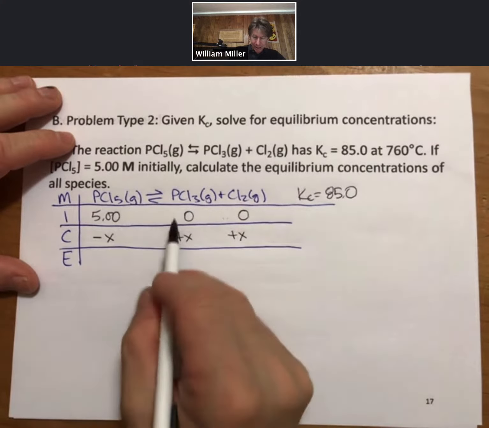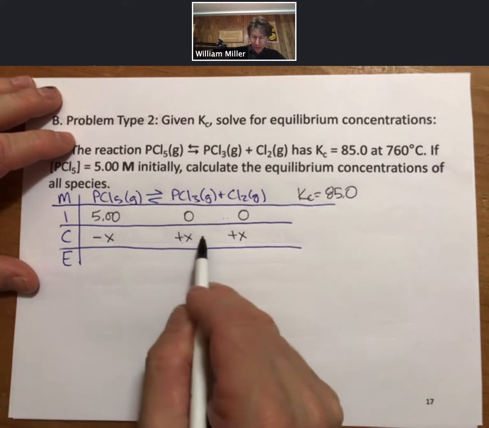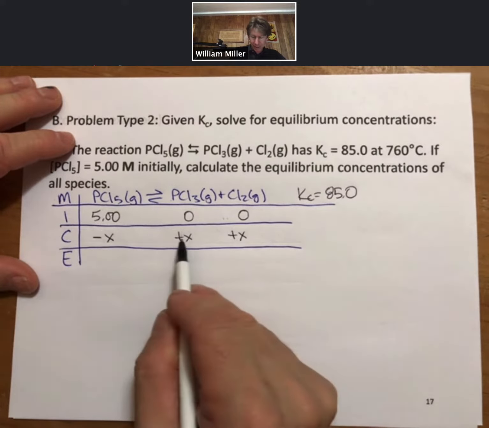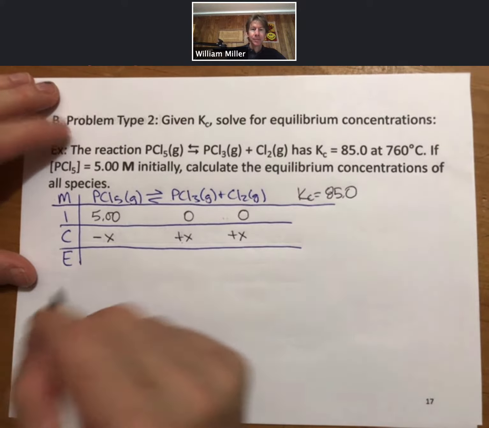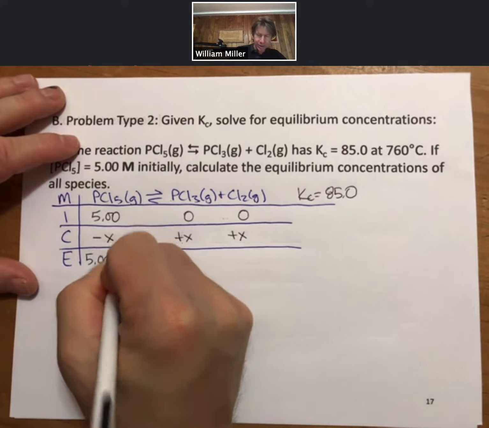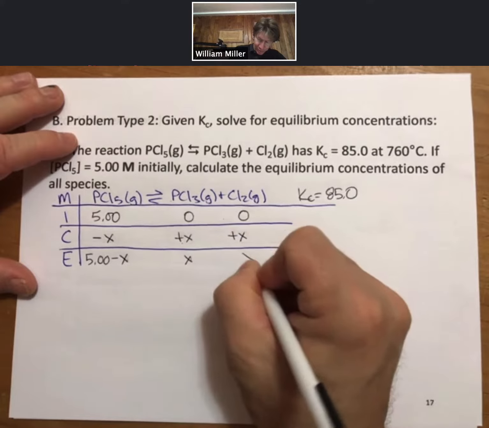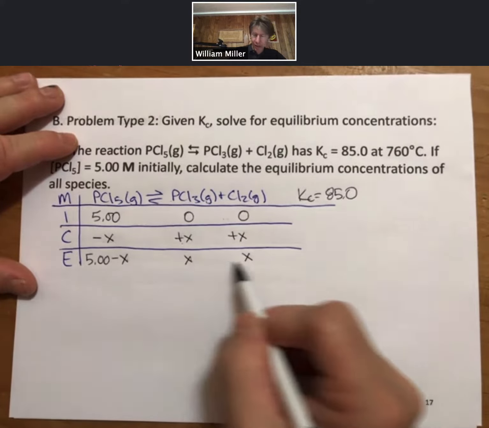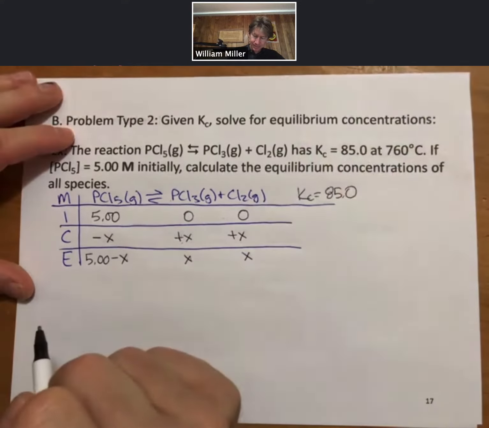And since all of these coefficients are 1s, it's like all of these have 1x, minus 1x, plus 1x, and plus 1x. And now we have to write out our equilibrium values in terms of x, and that's what we're going to solve for, because these are our equilibrium concentrations for what it's asking.